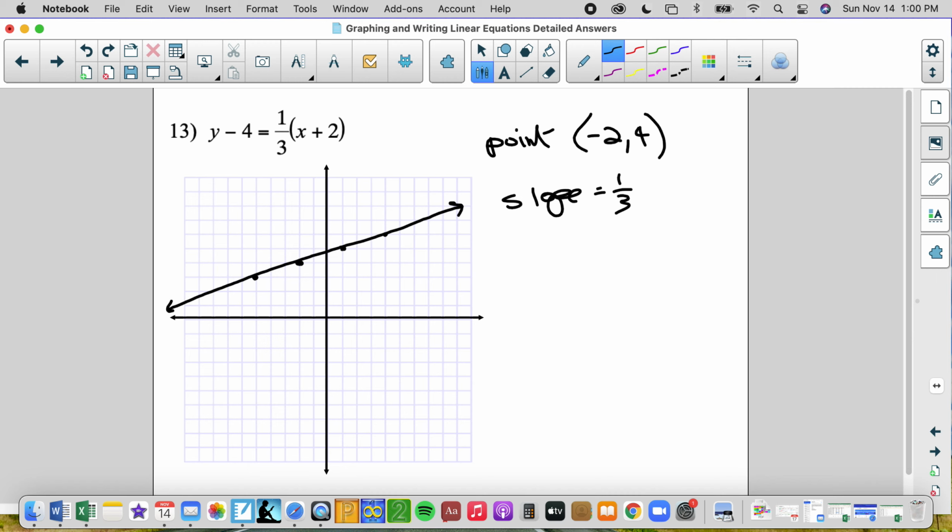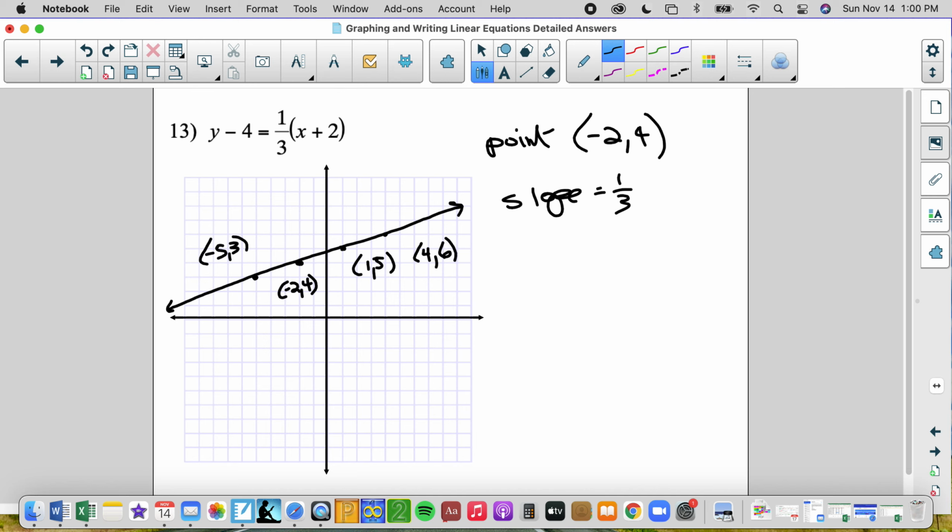When you do these enough, you should be able to do this work this efficiently and quickly, but that only comes with practice. 1, 2, 3, 4, 5. That's negative 5, 3. That's negative 2, 4. That is 1, 5. And that is 4, 6.